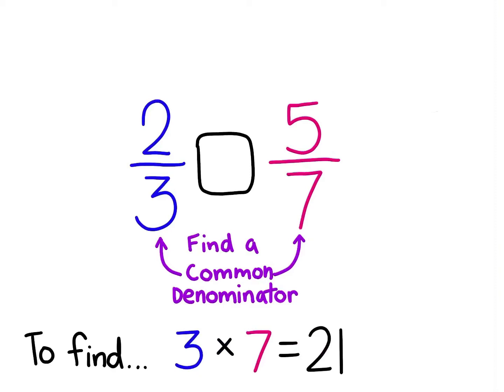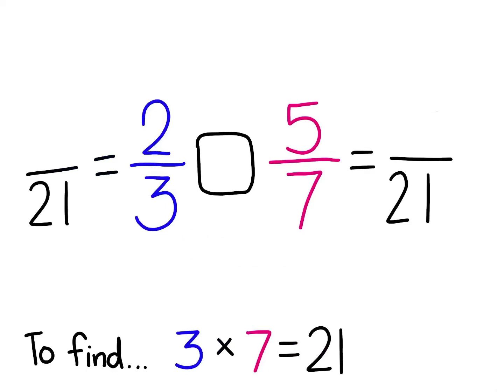Now we'll find our equivalent fractions to 2/3 and 5/7. Our new denominator is 21. Now, just walk through the multiplication steps in order to find equivalent fractions. Start with 5/7. We started with the denominator of 7 and multiplied it by 3 to get a new denominator of 21. Therefore, we must multiply the numerator times 3, which gives us a new numerator of 15.